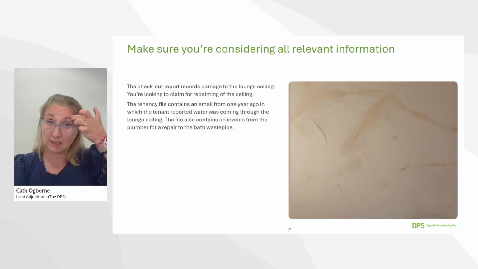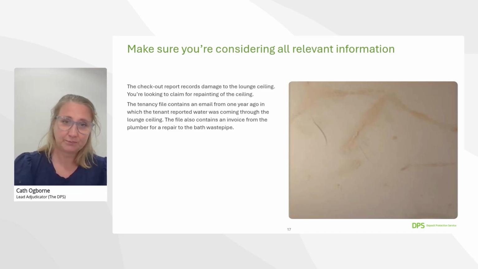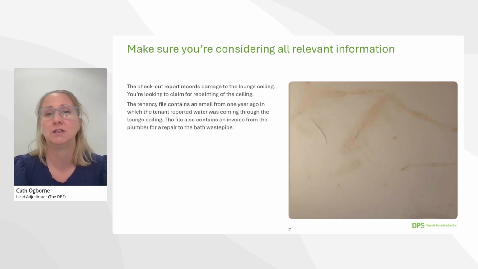So I was just talking about a leak to the ceiling. The checkout report here recorded that there was damage to the lounge ceiling, and you're thinking you might want to claim for repainting of the ceiling. However, when you look in the tenancy file, there's an email from a year ago in which the tenant reported that water was coming through the lounge ceiling, and the file also contained an invoice from the plumber for a repair to the bath waste pipe.